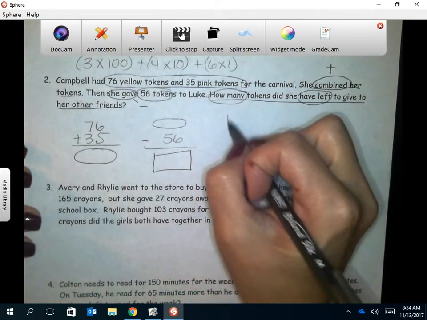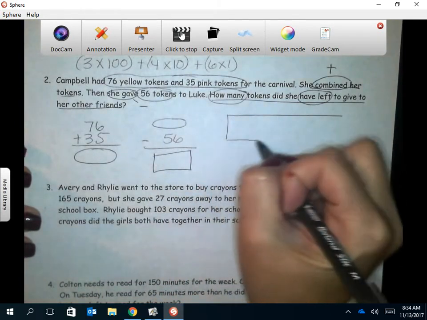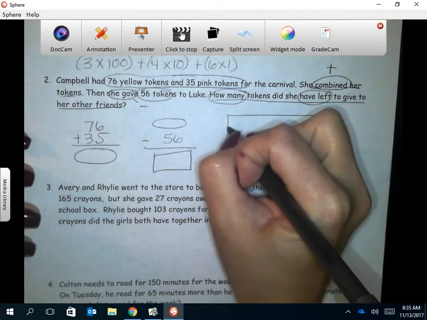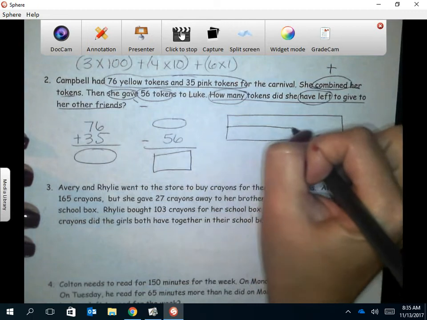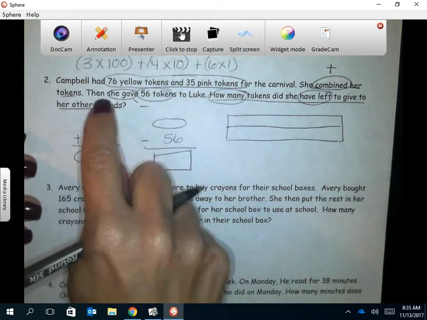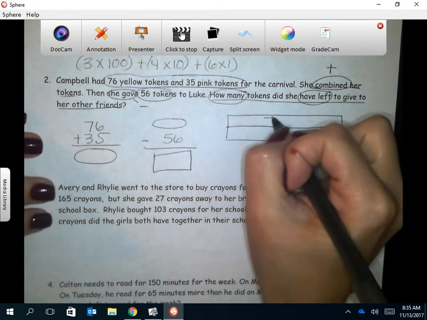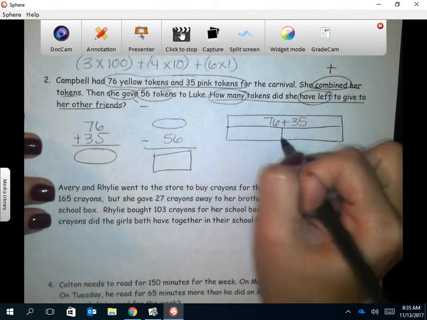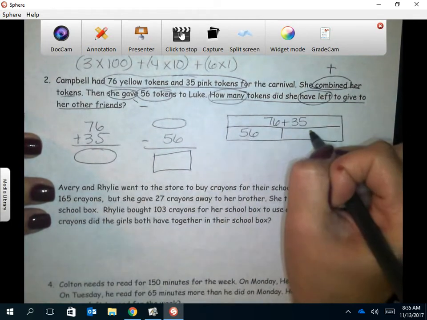If I were to have drawn a bar model for this, I know that her total was going to be this. I don't know what the number really is yet. But I also know that she gave 56 away, so we had to find this out.